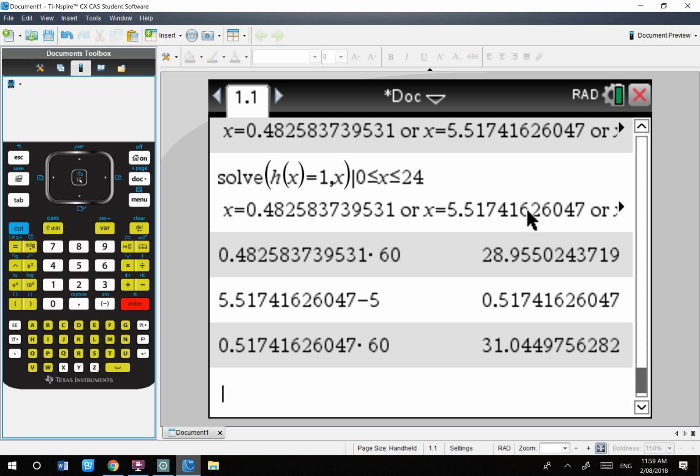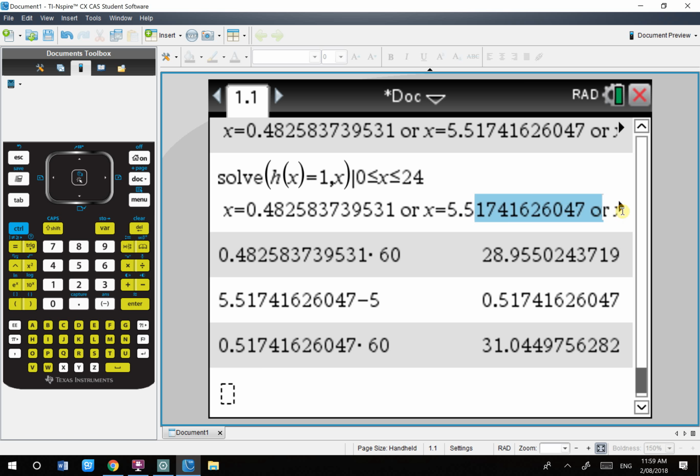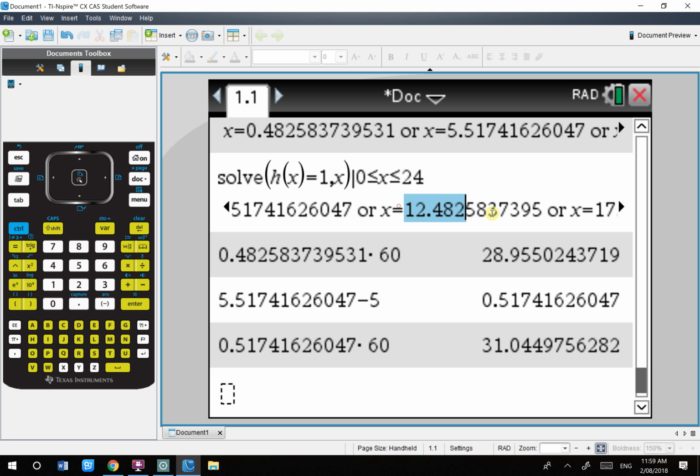Okay, next one. If you go up, see the next value. Next value is this one, 12 hours and 0.4825. If you can see, the decimal is the same as this one.